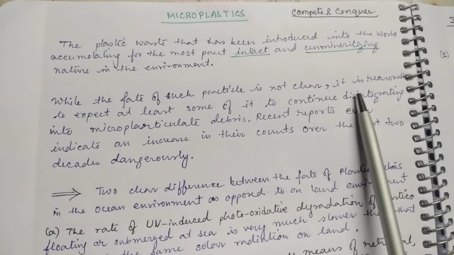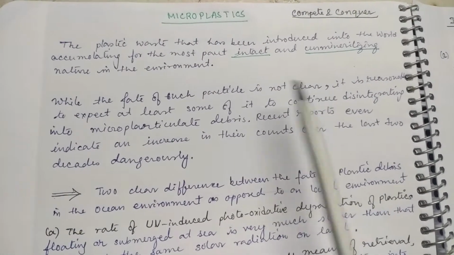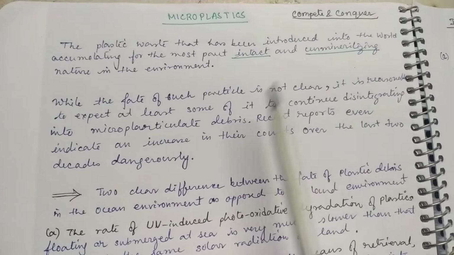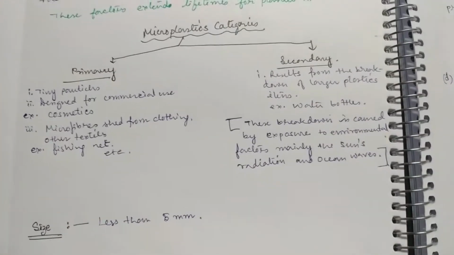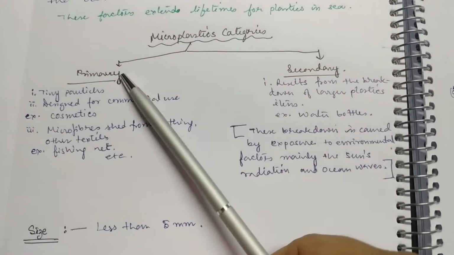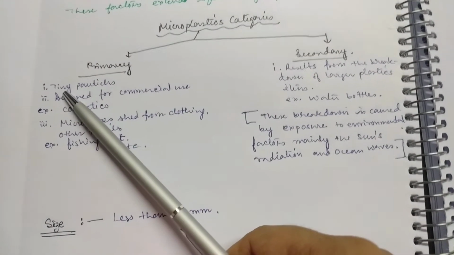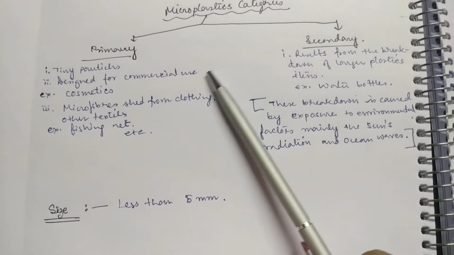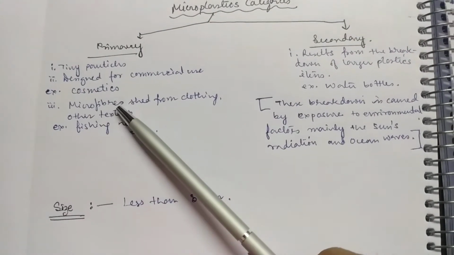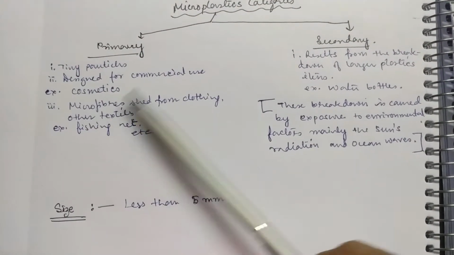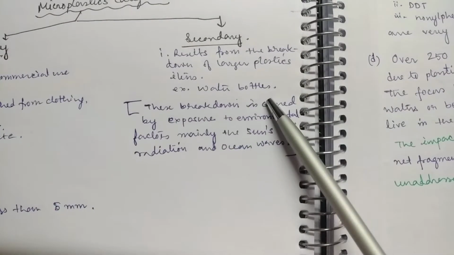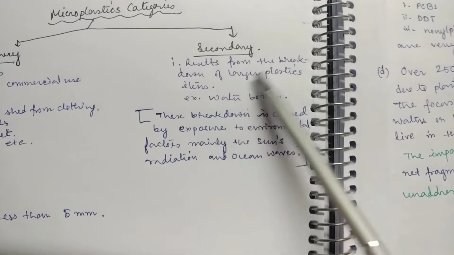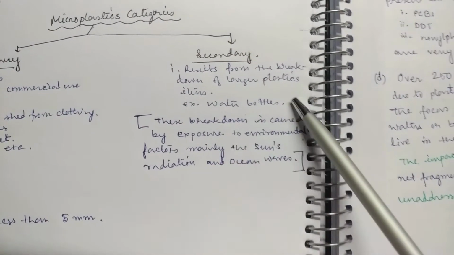So, like other pollutants, it can also be categorically divided into two categories, primary and secondary, so we can understand it much more easily. In case of the primary category, there are tiny particles designed for commercial use like cosmetics, microfibers shed from clothing, and other textiles like fishing nets, etc. And in case of secondary, it results from the breakdown of larger plastic items like water bottles.